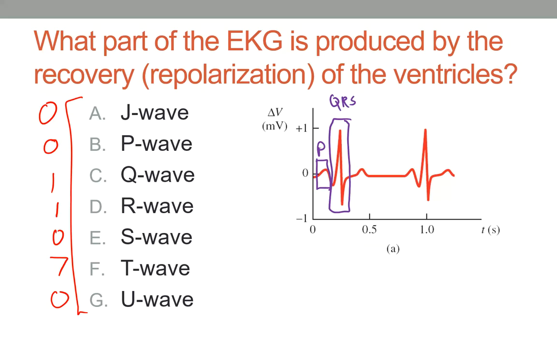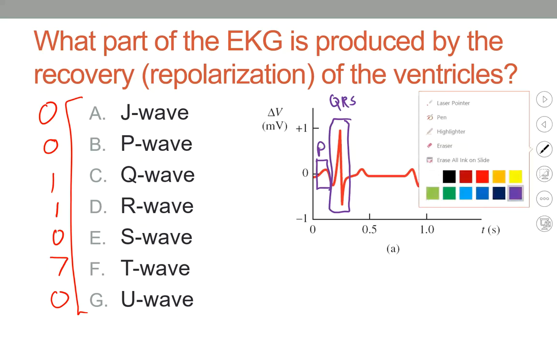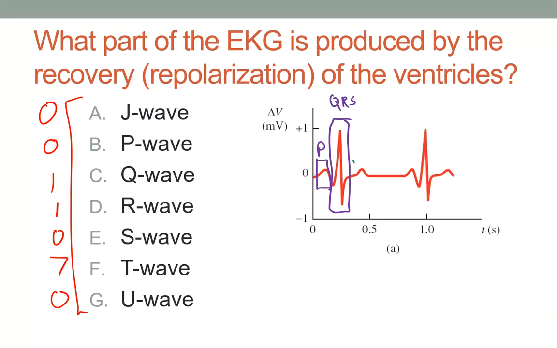That is both the recovery of the atria, the repolarization of the atria, and the depolarization, the pumping of the ventricles. And then that leaves for us our correct answer. The T wave is the recovery or repolarization of the ventricles.